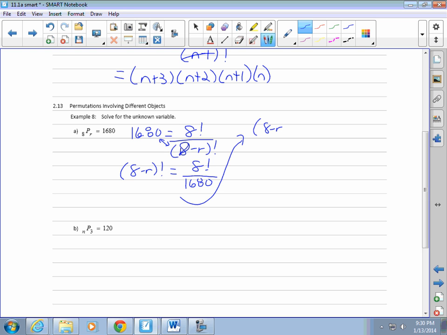So (8 minus r) factorial is equal to 8 factorial expanded, which would be 8 times 7 times 6 times 5 times 4 times 3 times 2 times 1 over 1,680.